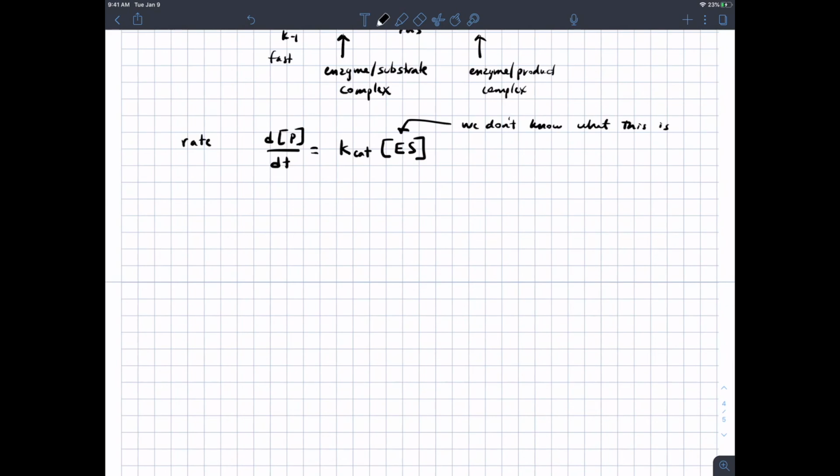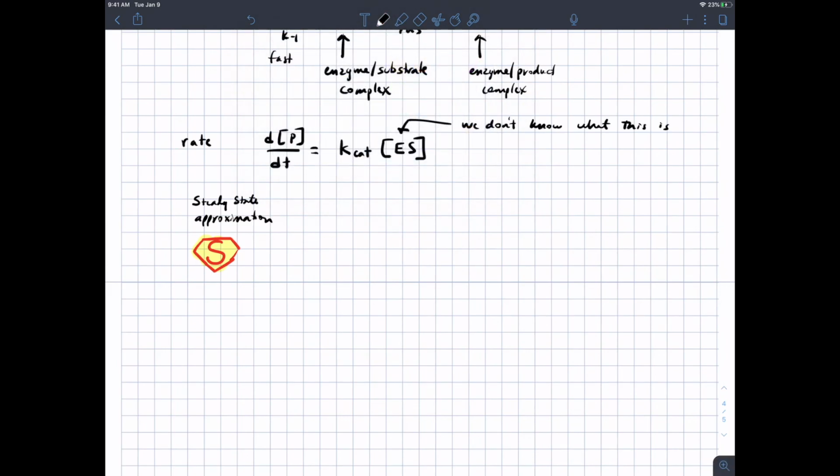So, to the rescue comes the steady state approximation. I don't do enough cartooning during this class.